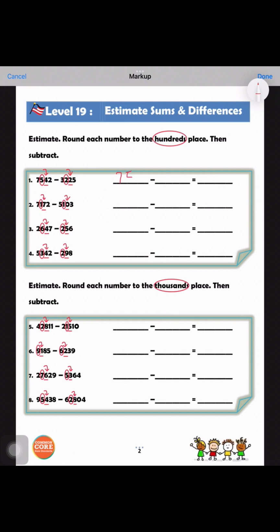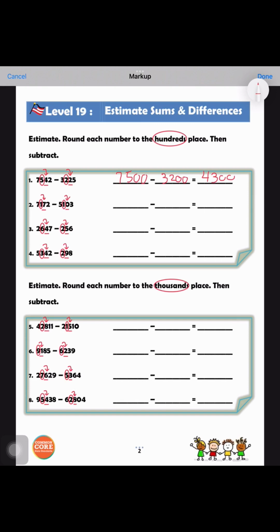For 3,225, the 2 in the tens place is less than 4, so it's rounded to 3,200. So after subtraction, the answer will be 4,300.